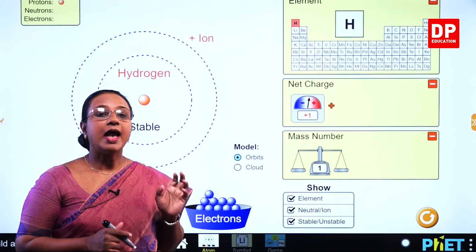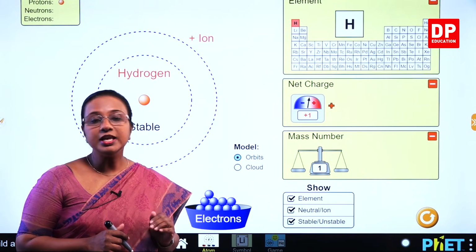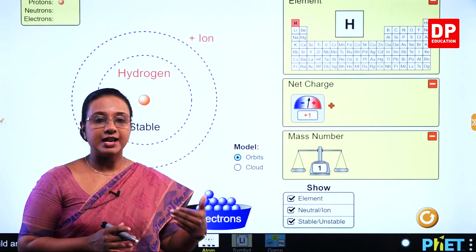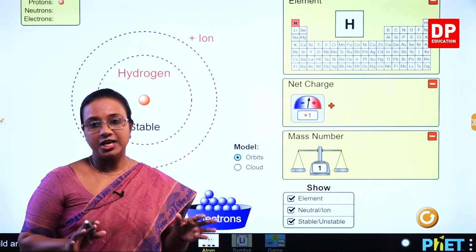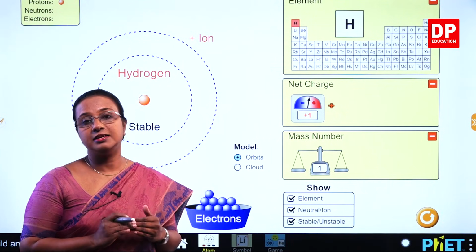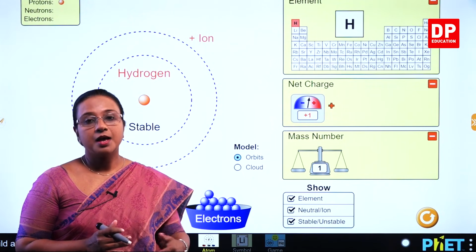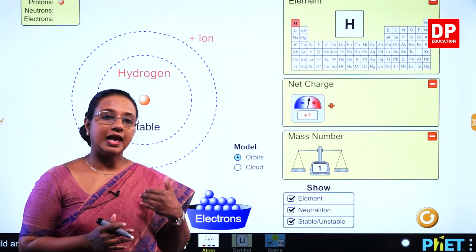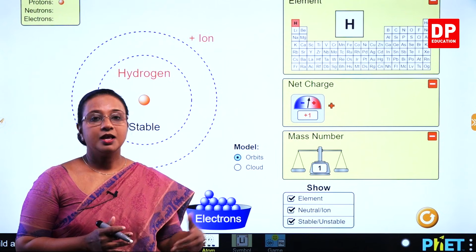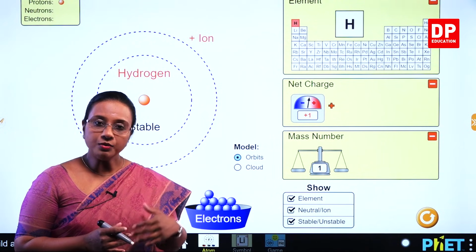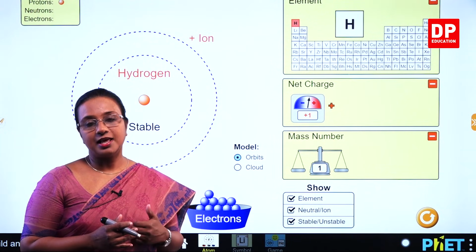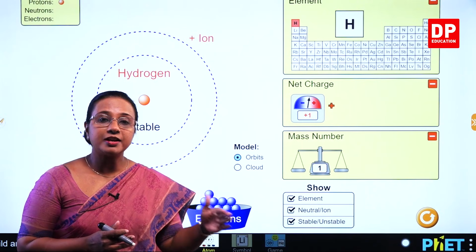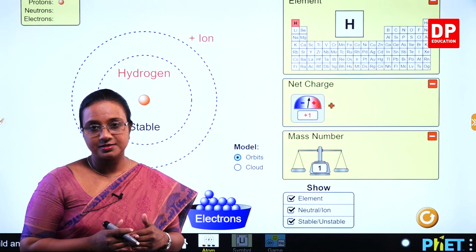And also, atomic number is a unique property of atoms, which will never change. That is the identity of an atom. But the number of electrons can change. Now we will see how we can arrange these electrons into different energy levels.